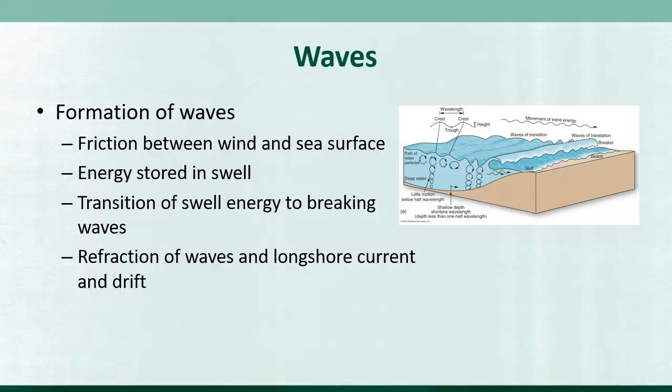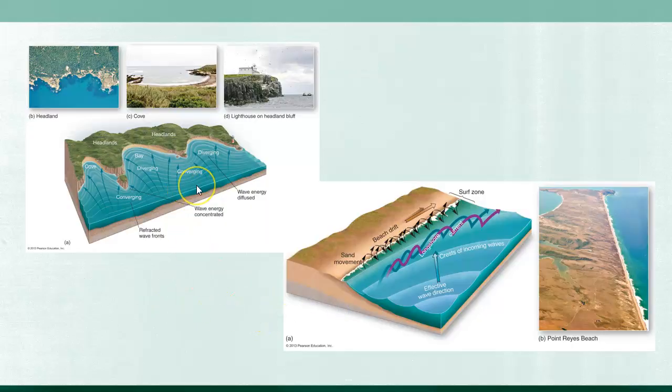And then when waves come on a regular basis at an angle in towards the shore, the waves coming in and going out produce currents called longshore currents. So refraction of waves and longshore current or drift are both very important processes that lead to coastal erosion in the formation of headland areas and embayed areas, as we can see on this diagram, but also the lateral transfer of materials along a coast.